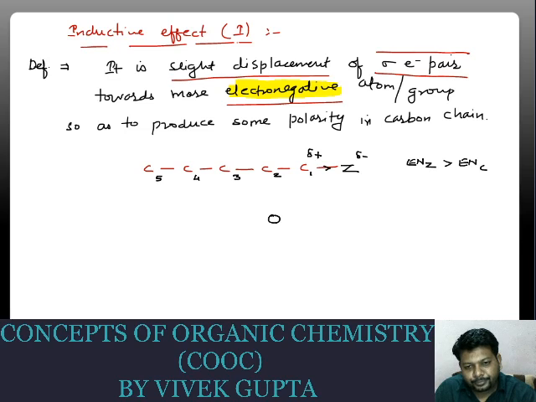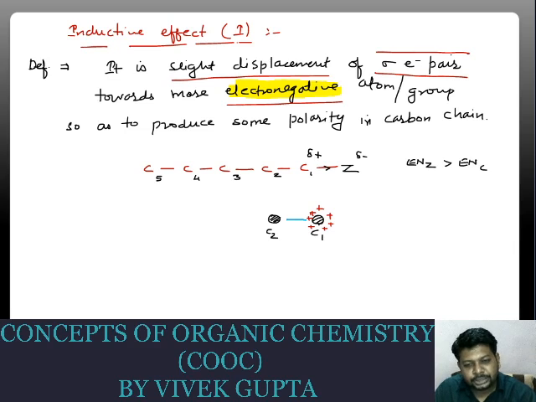Means the carbon next to it, that is C2 carbon, is neutral, but the C1 carbon has a partial positive charge. Let's say this is carbon C2 and this is carbon C1. Now C1 has acquired some partial positive charge. Don't go for the magnitude of the charge, just understand that C1 is having a positive charge.